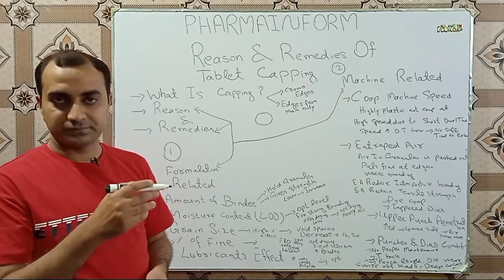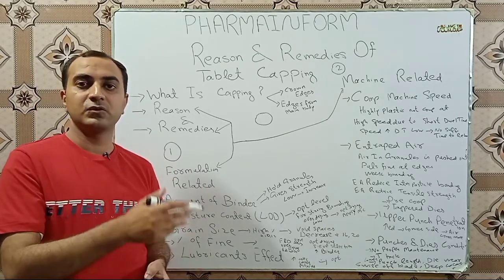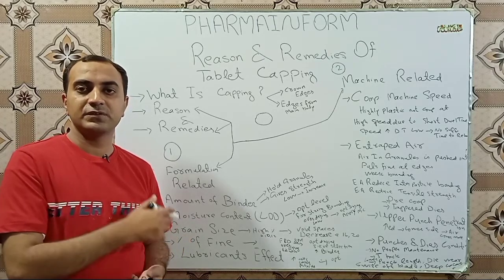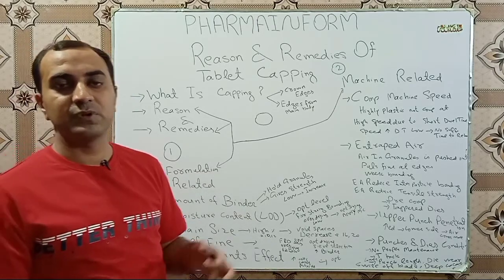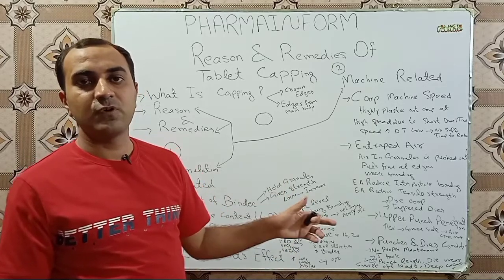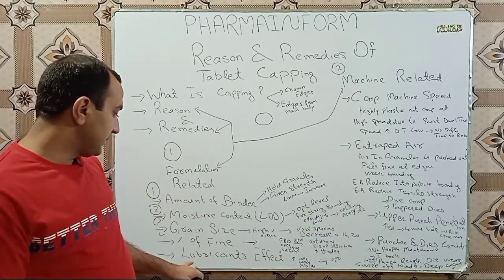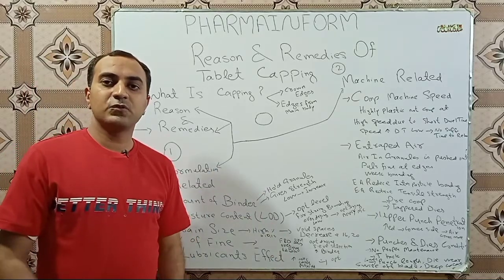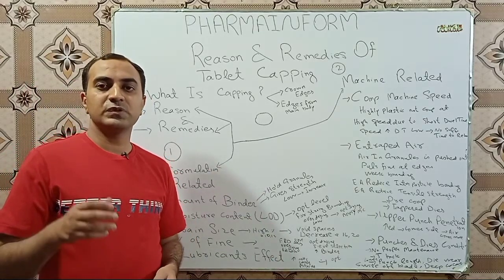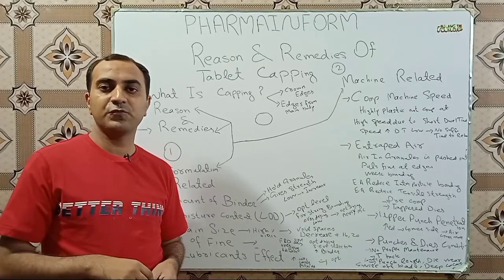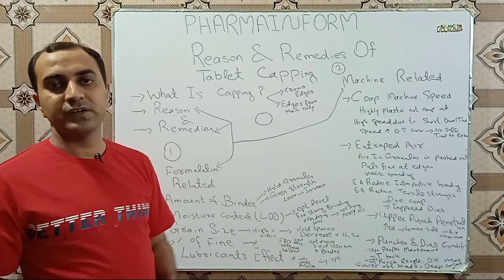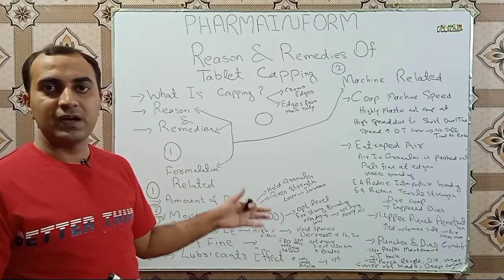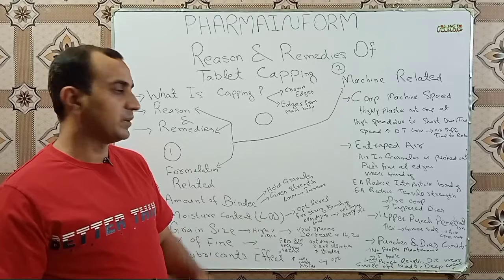The other reason for capping due to lubricants is overmixing with lubricants, because due to overmixing the layer formed is stronger. So we have to use optimum concentration of lubricants, and we have to use 3 to 5 minutes of mixing with lubricants. We should not overmix our product with the lubricants.